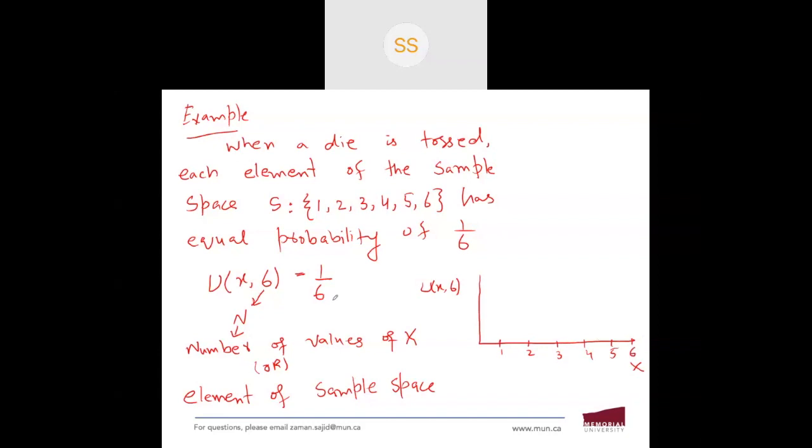Now we know that it is equal probability. For example, if this is my 0, and this is my 1 by 6 up to this point, then everything will go in a straight line from here, because each and every element, 1, 2, 3, 4, 5 and 6, has the equal probability. So the graph will be something like this.